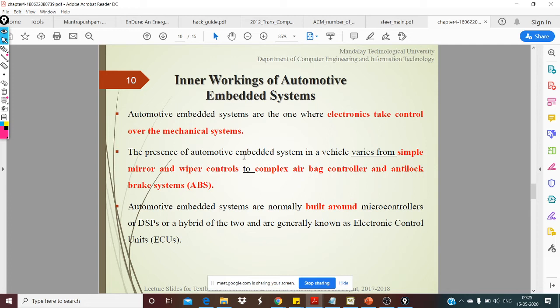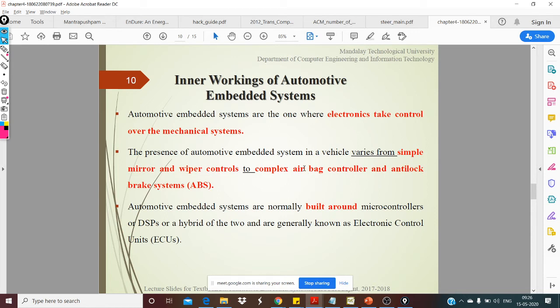One thing is, we'll have a simple mirror and wiper control. Then you also have a complex airbag control or anti-lock braking systems and everything in between. Any button that you push in your car connects to an embedded system. These embedded systems are independent, meaning they work independently of each other. For example, your mirror control is independent of your wiper control, and that is independent of your airbag controller.